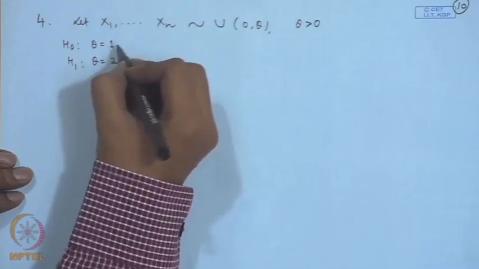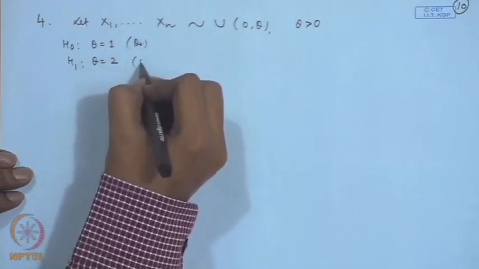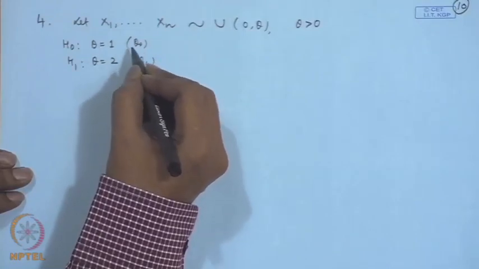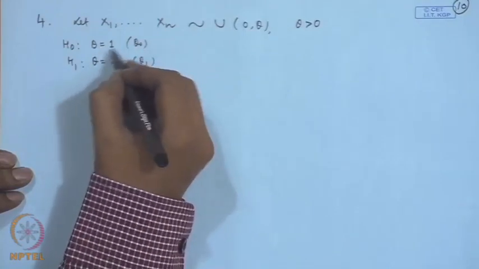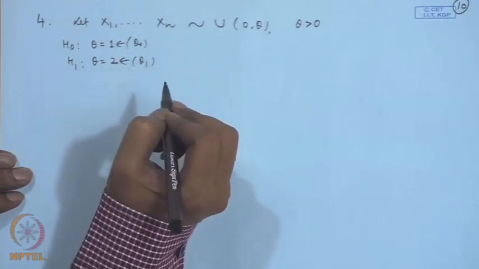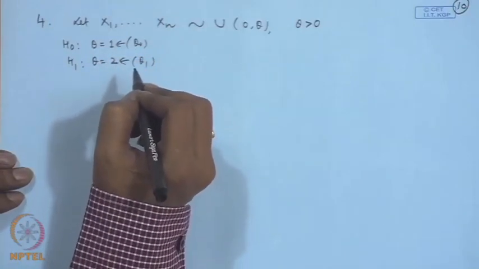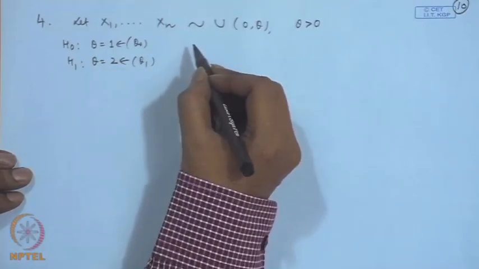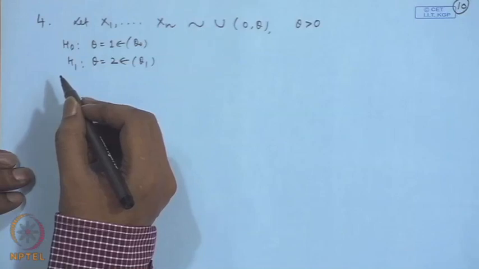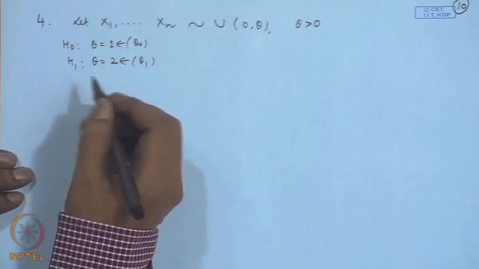We may also write here theta naught, and here theta 1, and then we may consider the case theta naught less than theta 1 or theta naught greater than theta 1. So, for convenience we have considered this special case, that theta is equal to 1 and theta is equal to 2. So, let us consider the most powerful test here.